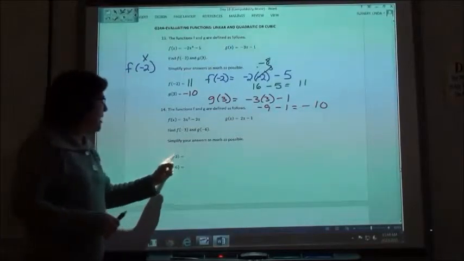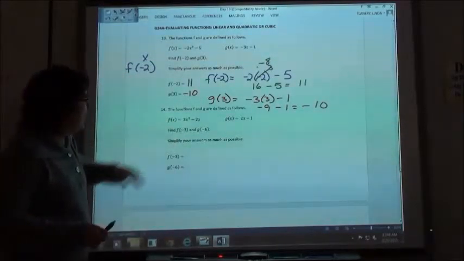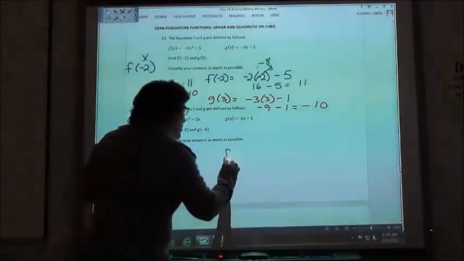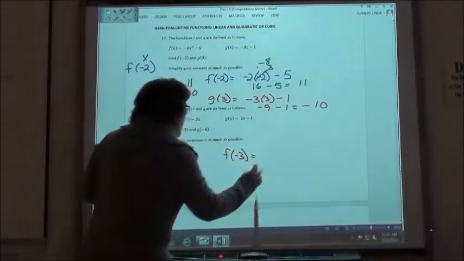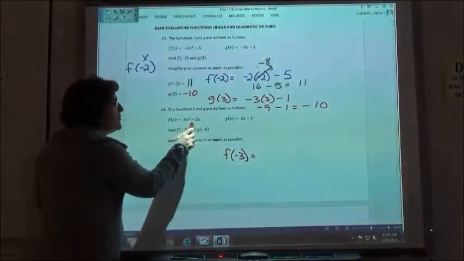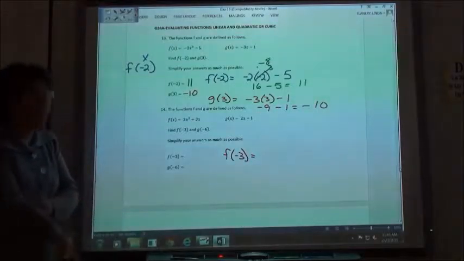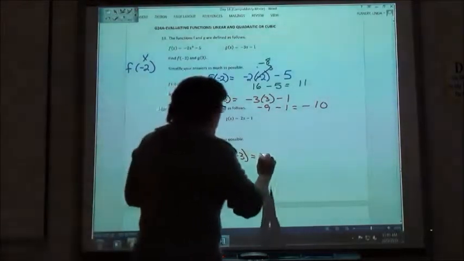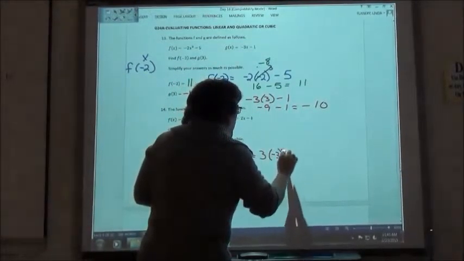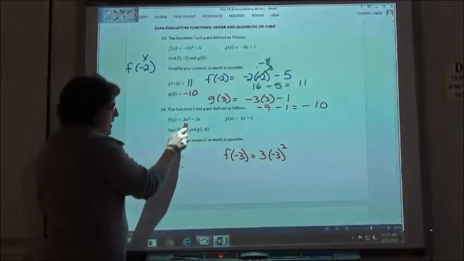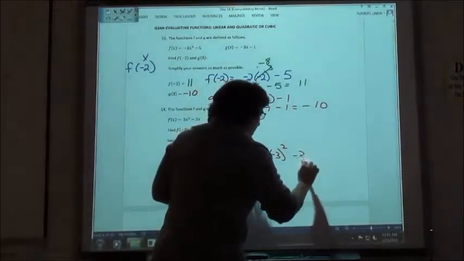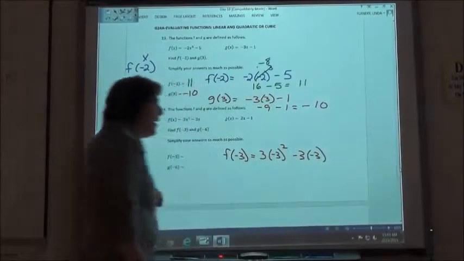So here I want to do f of negative 3. I've got x's in 2 spots. That means I'm going to put the negative 3 in both of those spots. So I'm going to do 3 times negative 3 squared, minus 3 times negative 3 on the end.